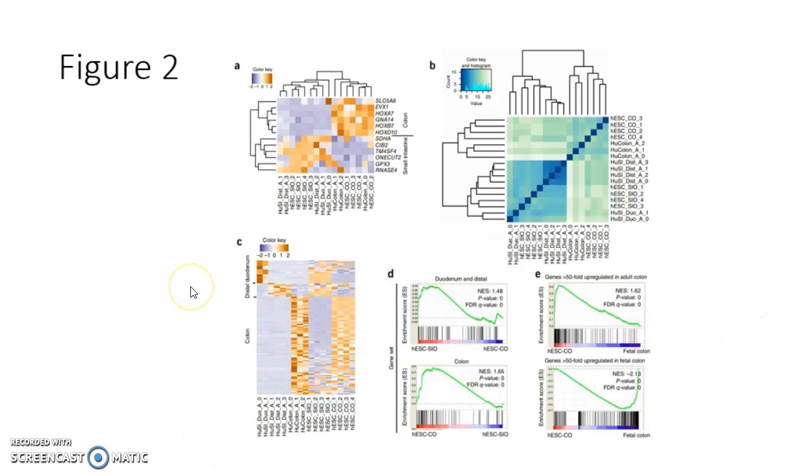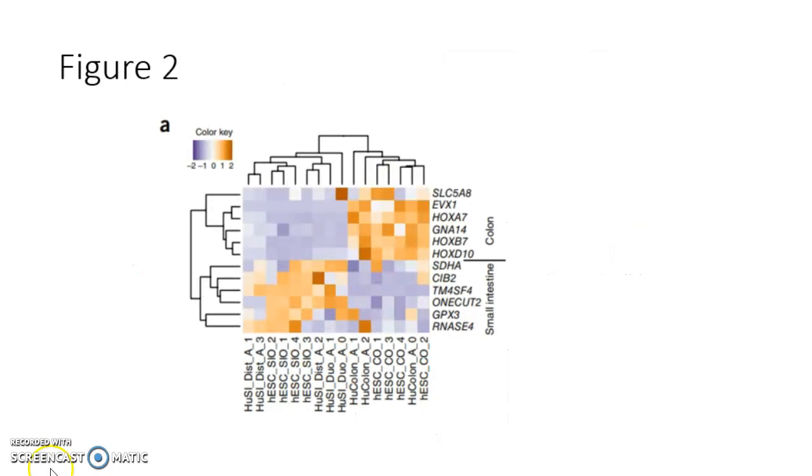Okay, so figure 2, again, this is rather huge, so I'm just going to go through it piece by piece so we could better examine every visual. Figure 2a. To further confirm the colonic identity of derived colonic organoids, the authors compared the transcription profiles of colonic organoids and small intestinal organoids by performing RNA sequencing.